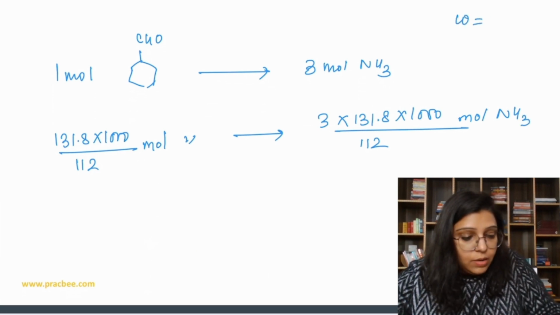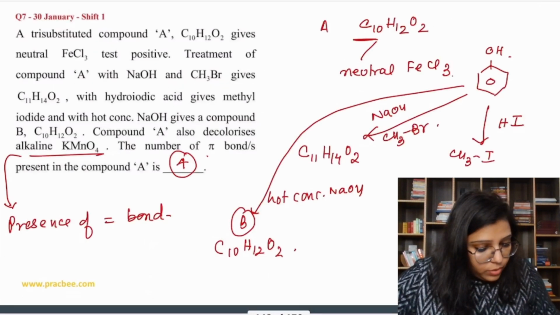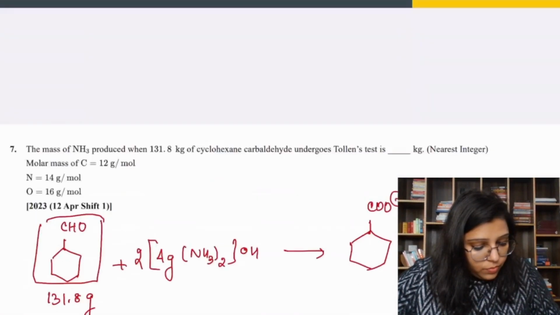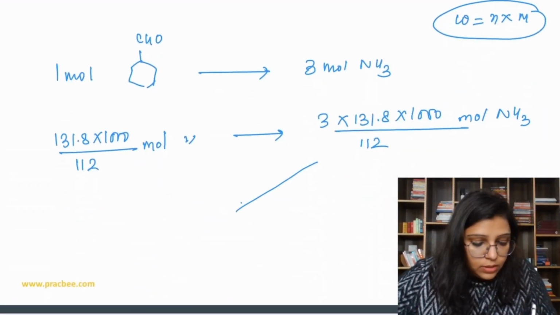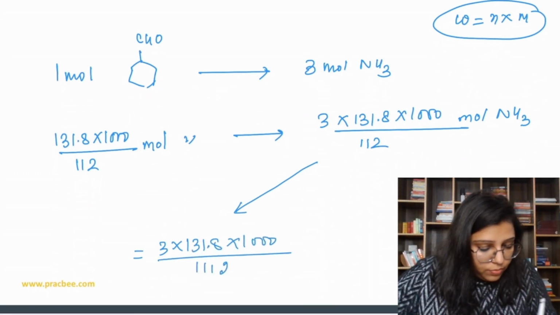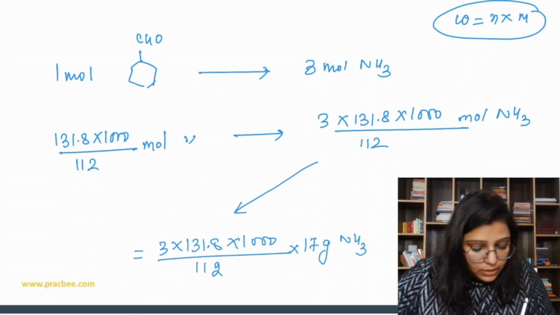So for mass, number of moles into molar mass. So what we are going to do? Just give me a moment. What we are going to do over here? Yes. 3 into 131.8 into 1000 upon 112 into 17 gram ammonia. We have to find out this mass in kilogram.